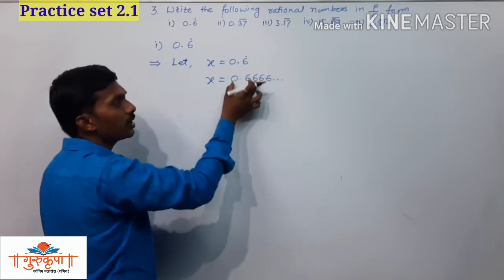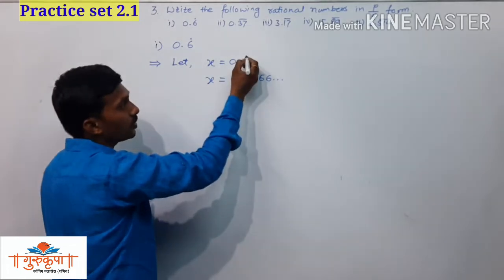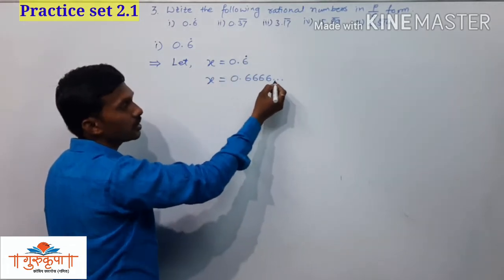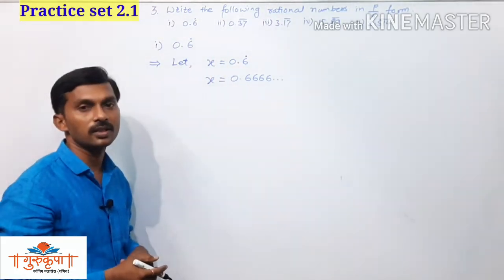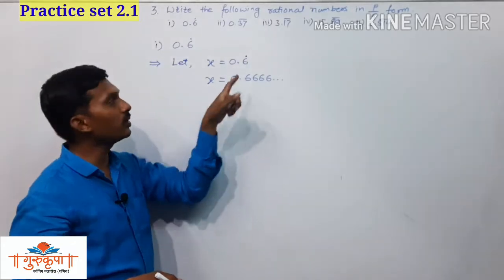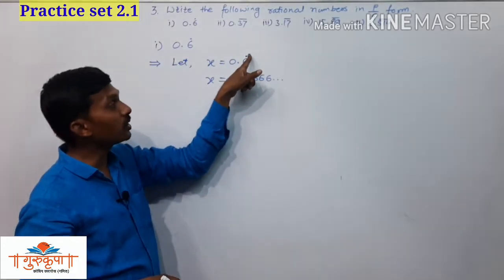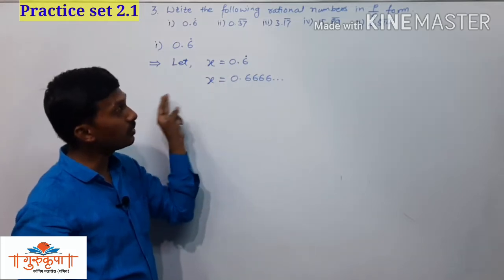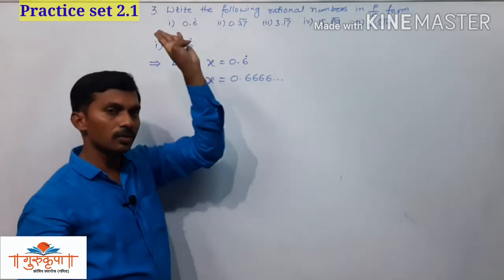It is the same as 0.6 recurring. There are infinite 6s in this decimal form. So we remove the recurring sign, and in place of the recurring sign we write the digits, that is 6666 and so on.